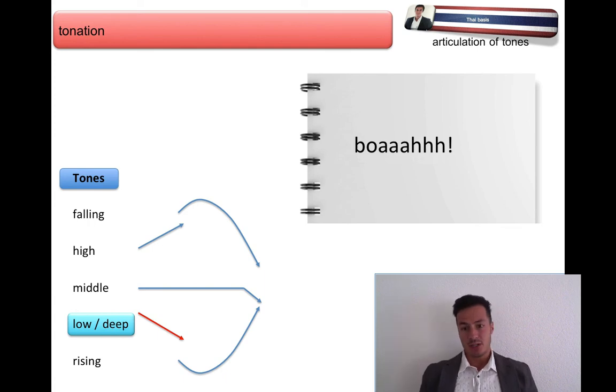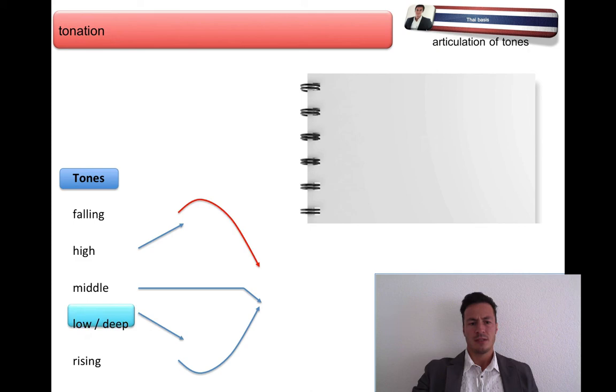There are different applications, of course, but just imagine yourself saying the word "bah." Whatever situation you may see yourself in saying this word, it comes pretty close to the low or deep tone in Thai, "ba." Then let's go to the next tone, which is basically the falling tone.